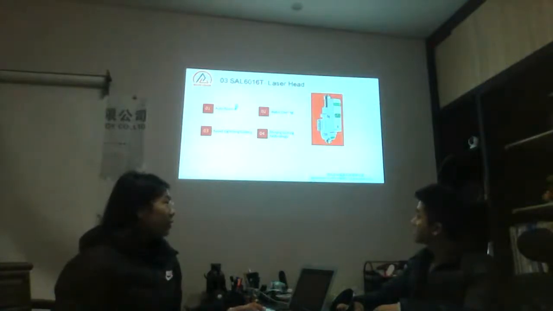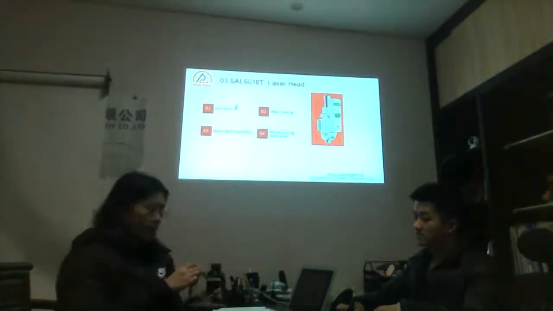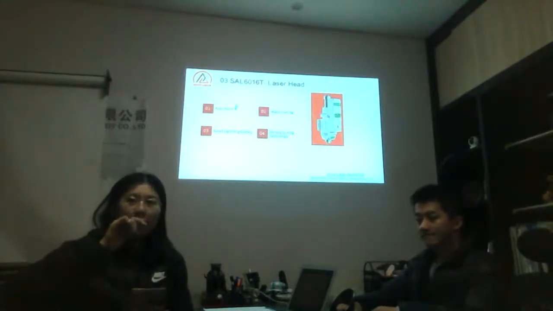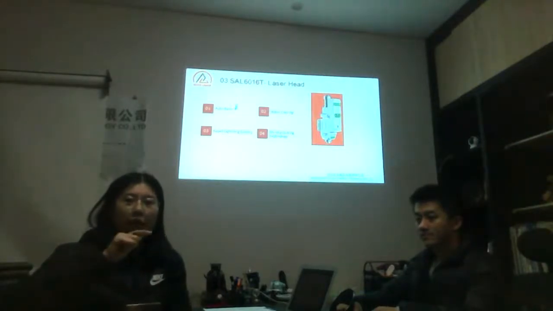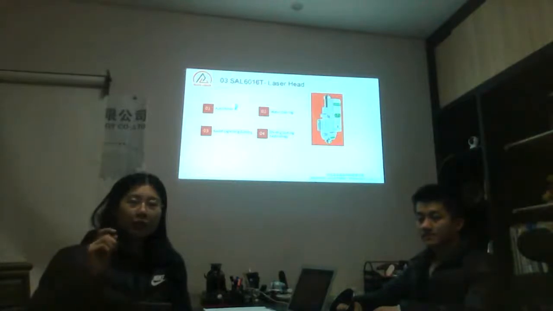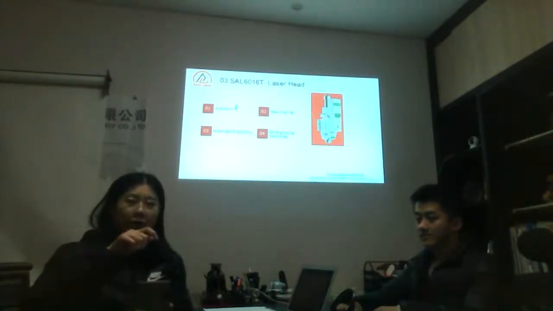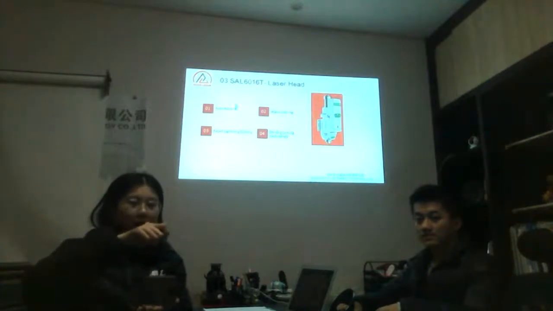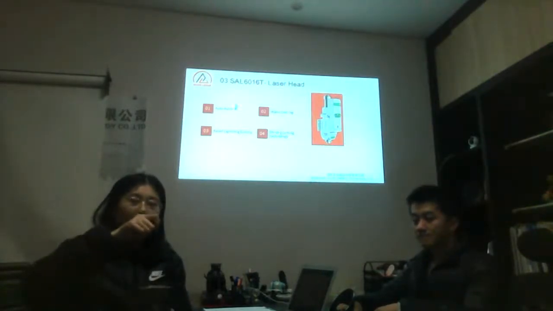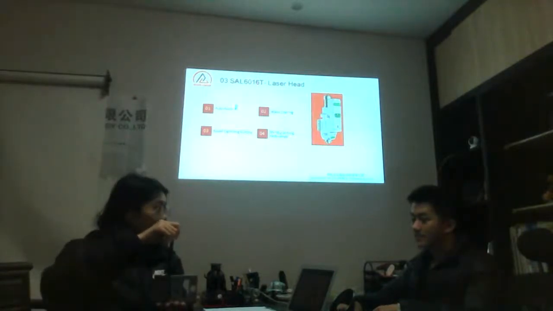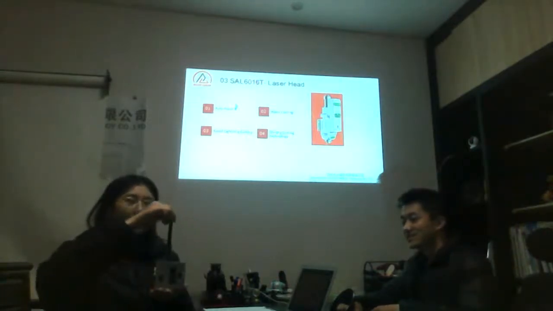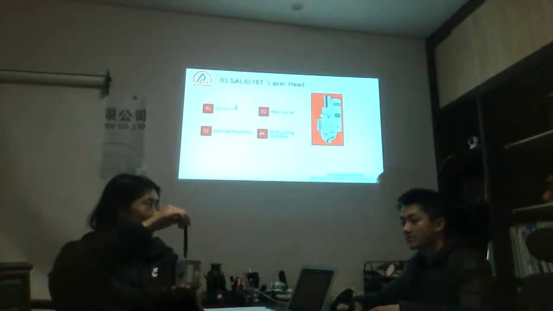The first advantage is automatic focus, because when our laser cutting machine is working, we input the data into the CNC system in advance, before the machine works. Then cutting the first place and the second place, the laser head can focus automatically on the workplace.